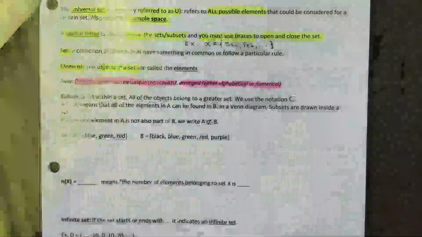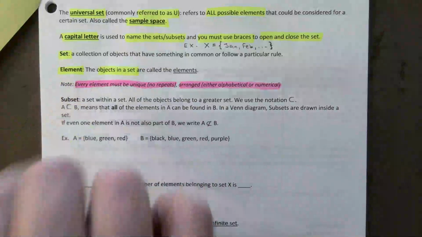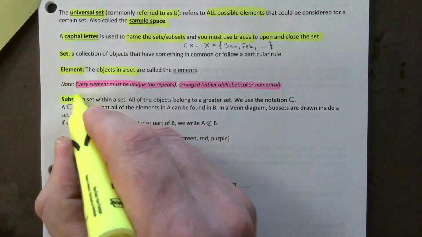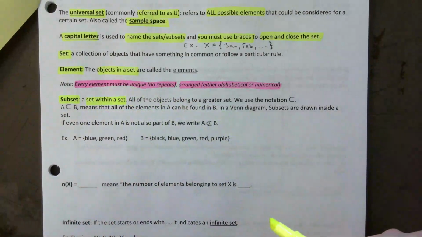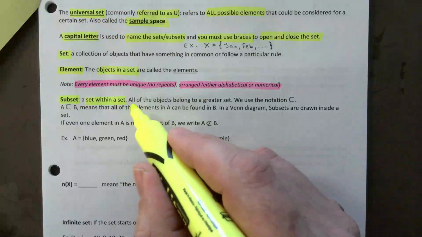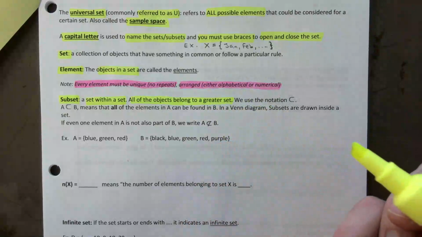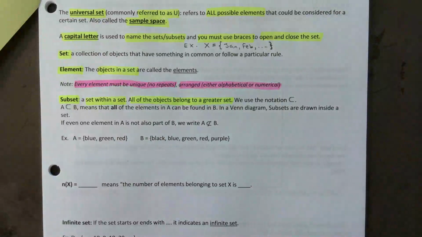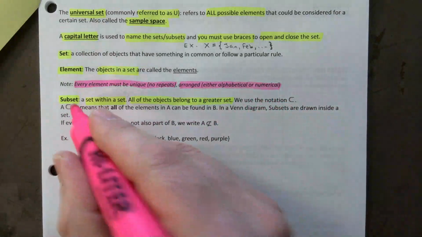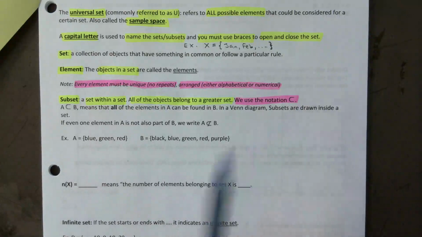Subset. So we have sets, and then we have subsets. A subset is a set within a set, meaning all the objects belong to a greater set. And this is important, we use a notation for it, which I'm going to highlight with a different color.